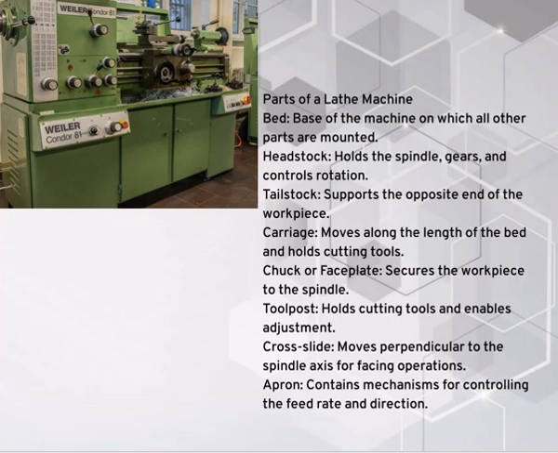The tool post holds the cutting tools and enables adjustment. There is also the cross slide, which moves perpendicular to the spindle axis for facing operations. The apron contains the mechanism for controlling the feed rate and direction.